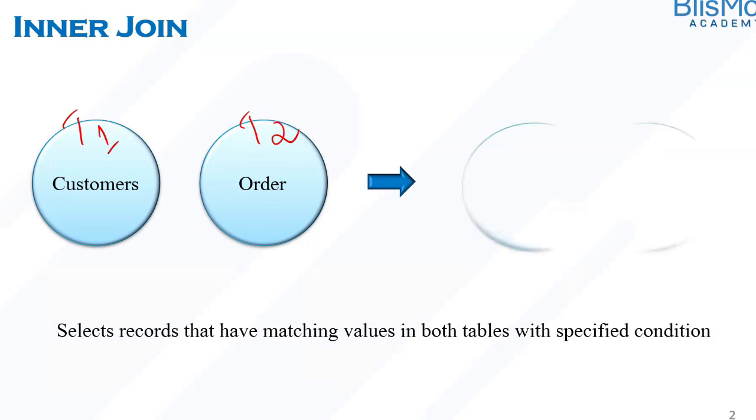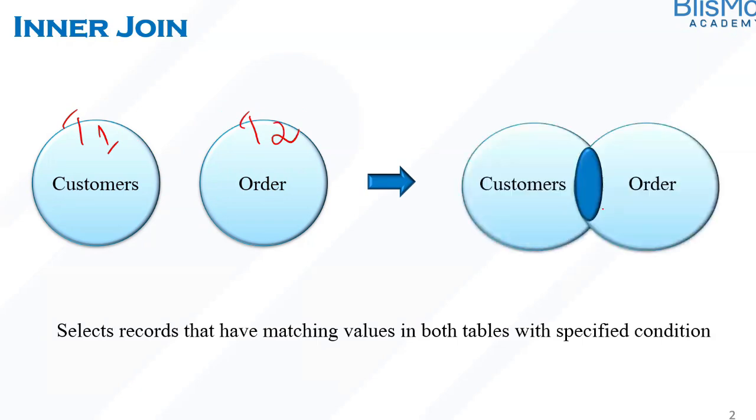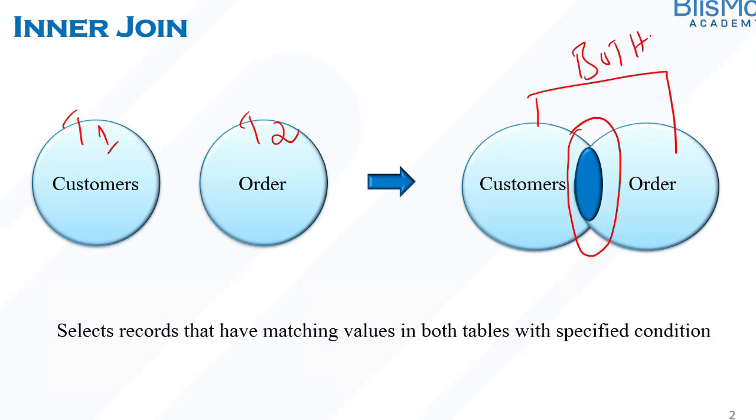As a part of the inner join, the matching records from both the tables are brought together. Wherever the records are matching in both the tables, remember this, both the tables, only those records are brought together. That is how the inner join works.